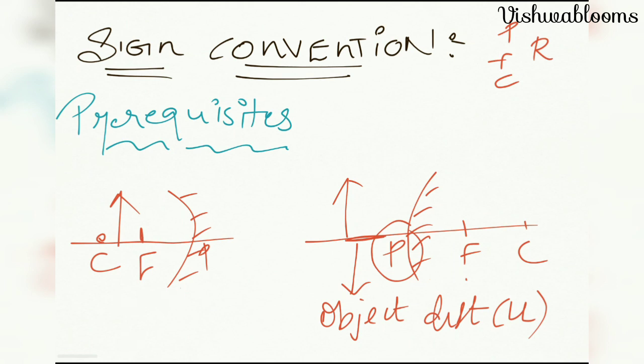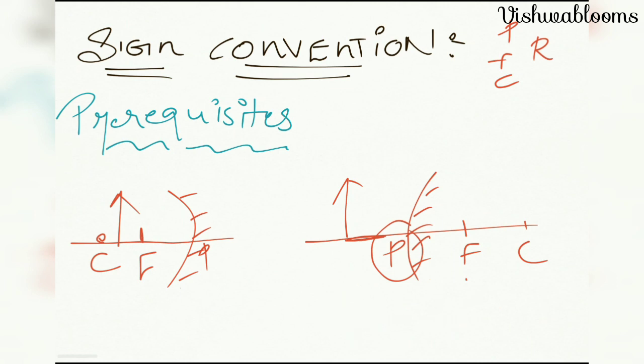Now let's see image distance. We all know how images are formed, as we have seen in the ray diagrams. Here, for this convex lens, it will form between P and F, and it is going to be a diminished image. We know this because we studied the ray diagrams previously.